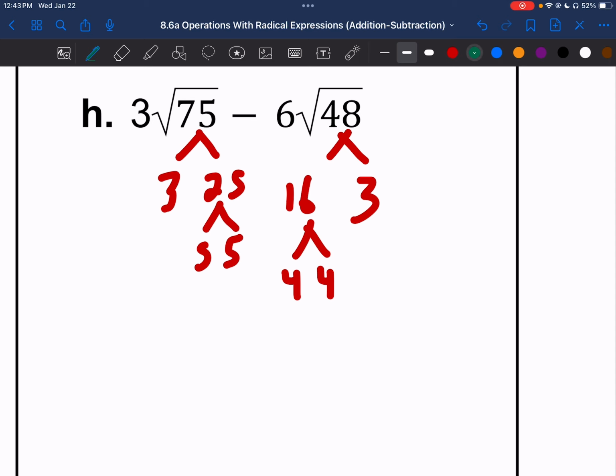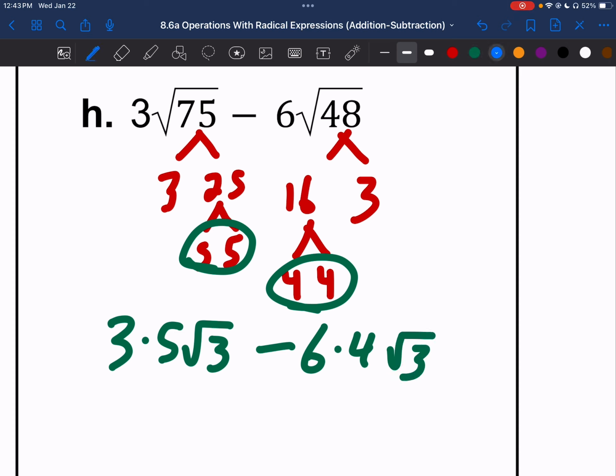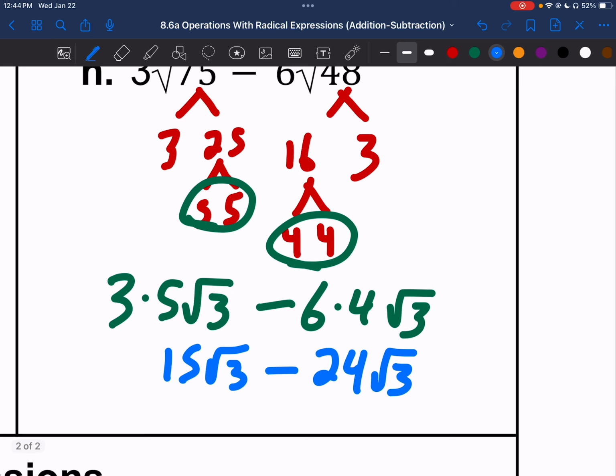So we have a 3 times 5 square root 3 minus 6 times 4 square root 3. 3 times 5 is 15 root 3 minus 6 times 4 is 24 root 3. 15 minus 24 is negative 9 root 3.